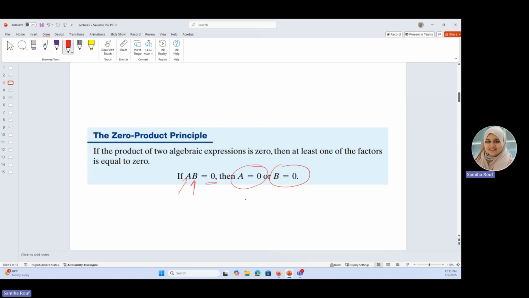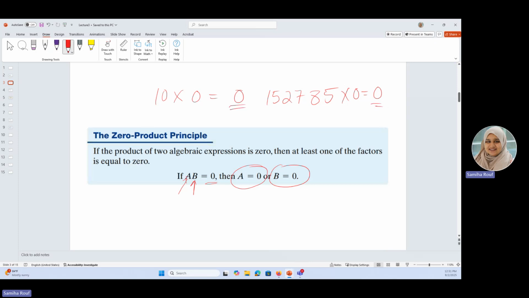And we can see this numerically. If I take any number, let's say 10, and I multiply it by 0, I get 0. If I take a really big number and I multiply it by 0, I get 0. So anything times 0 will always give you 0.